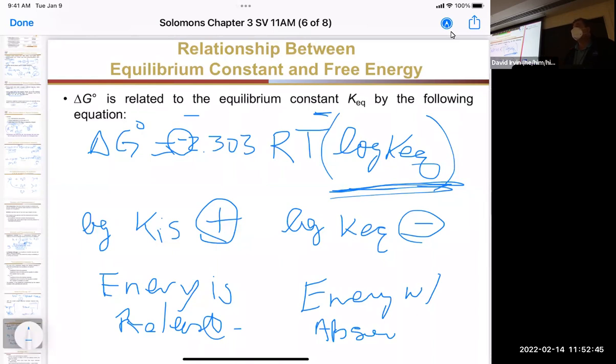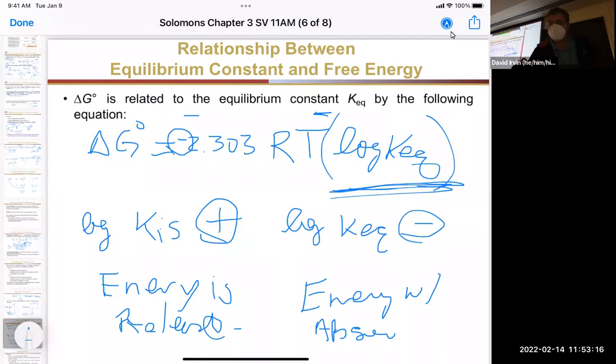So it's not a favored reaction anymore. In this case, if the log of the equilibrium constant is negative, it favors starting materials. It's a cute little equation, but it helps us understand that the equilibrium constant is directly related to the energy of the reaction.